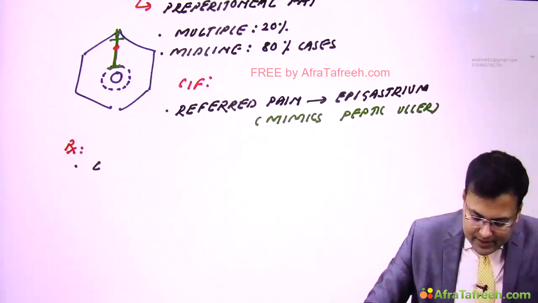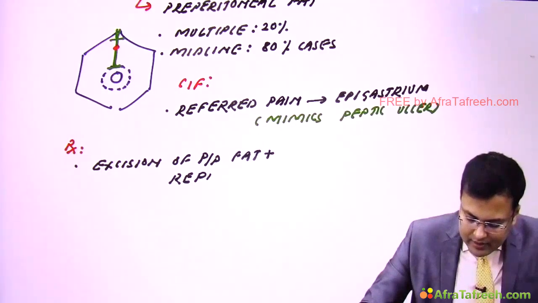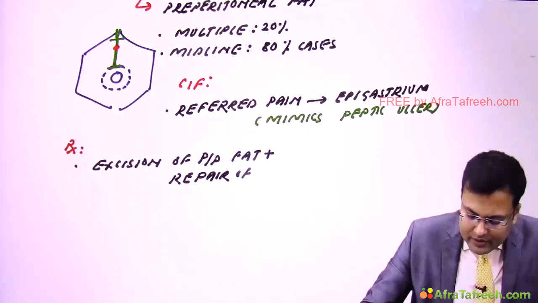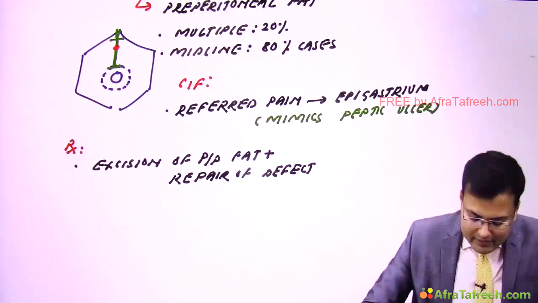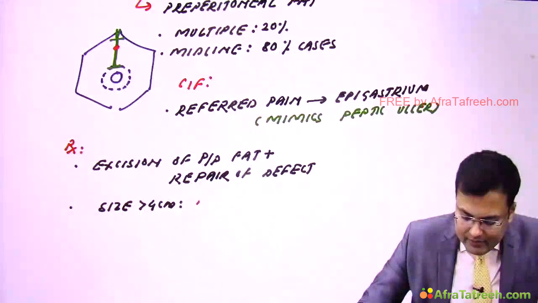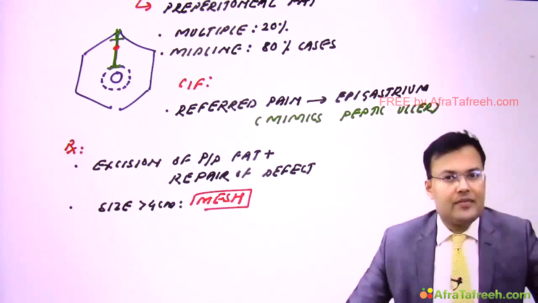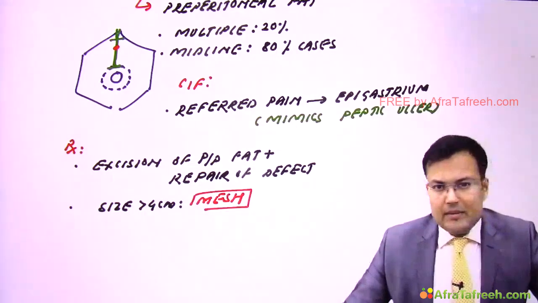We perform excision of pre-peritoneal fat plus repair of defect. Generally we are going to close the defect with the help of sutures only, and whenever the size of defect is more than 4 centimeter, we have to use the mesh. So this is how we manage the patients of epigastric hernia.